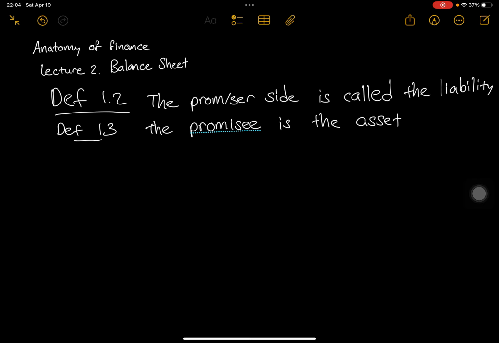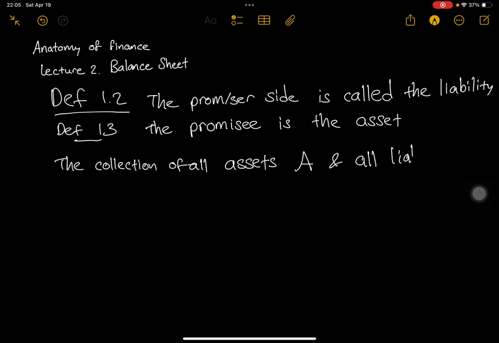The collection of all assets, which I will call capital A, and all liabilities, which I'll refer to as capital L, of a given entity, is called the balance sheet.